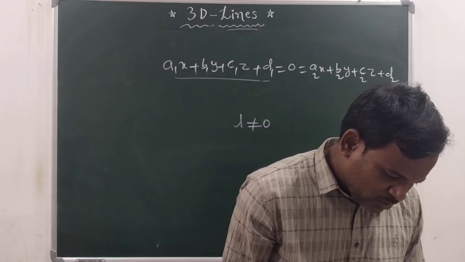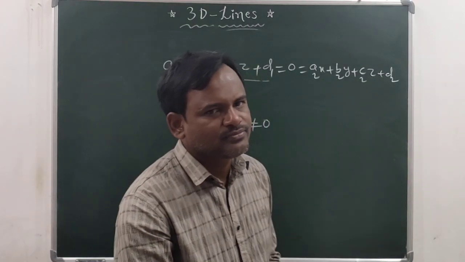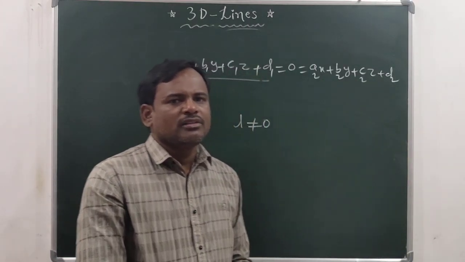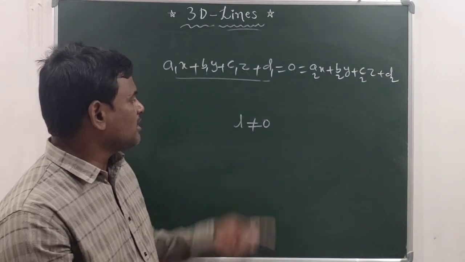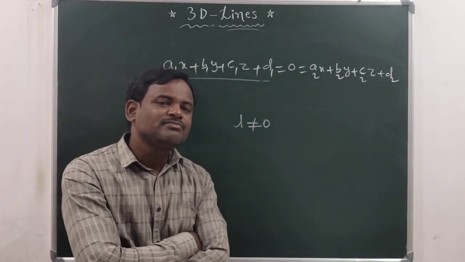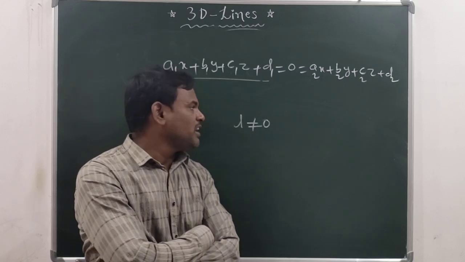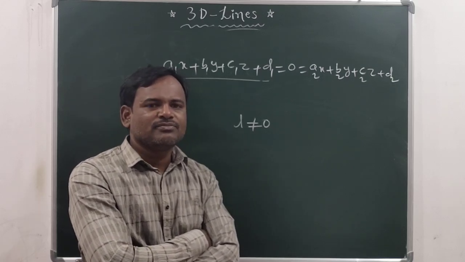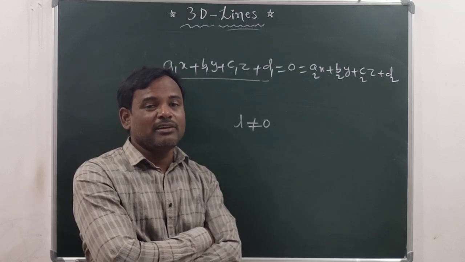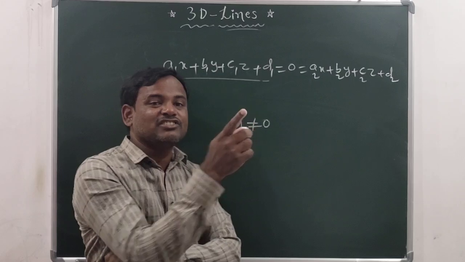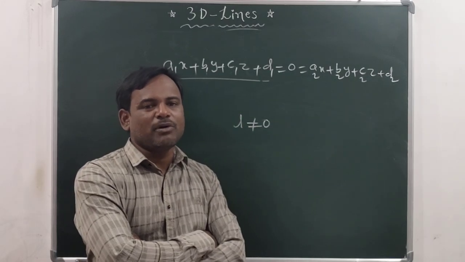If L is not equal to 0, that line cannot be parallel to the xy plane. That line cannot be parallel to the xy plane. What are L, M, N? DRs of that line, no? So if L is not equal to 0, which means that it cannot be parallel to the xy plane, which means that this line and xy plane both will intersect at a certain point.